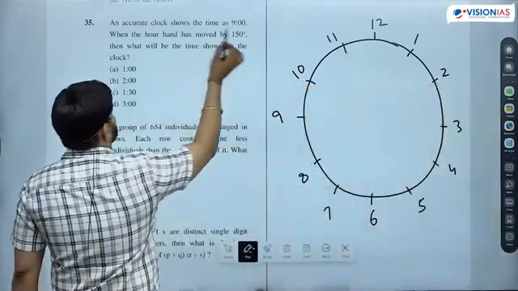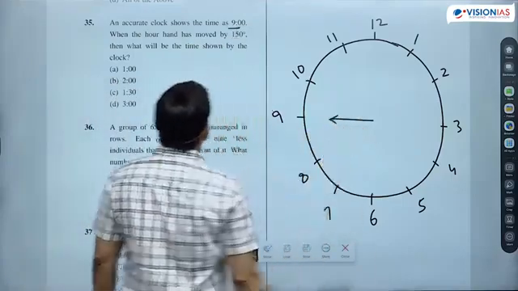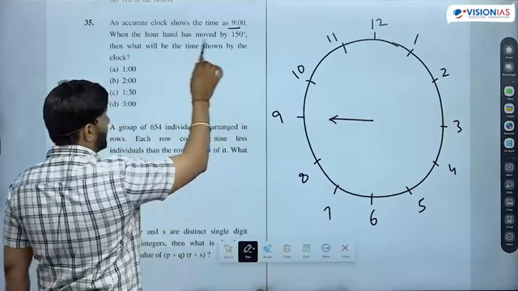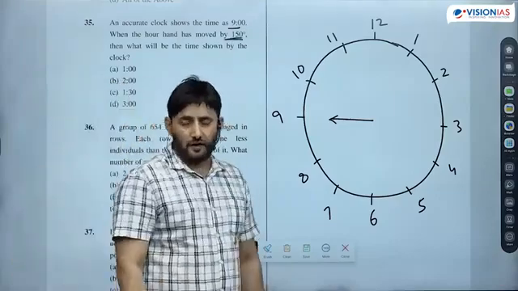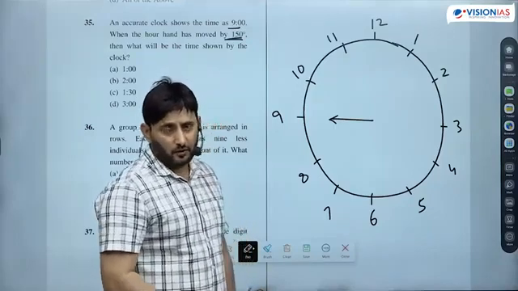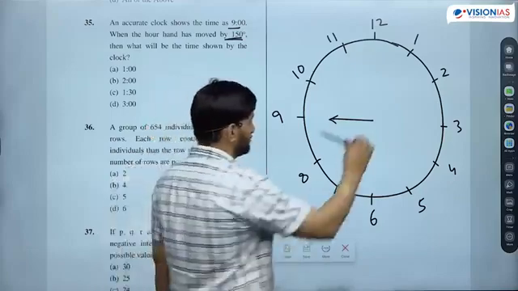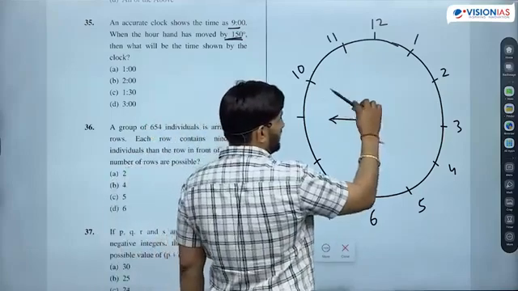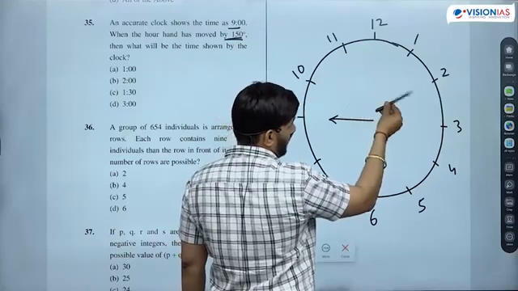Accurate clock shows 9 o'clock. So our hand was at 9. When the hour hand has moved 150 degrees, तो 5 readings apart ना बच्चे, 5 reading आगे जाओगे आप, तो after 5 hours what will be the time? 2 o'clock ना? This will be 30, 60, 90, 120 and 150.